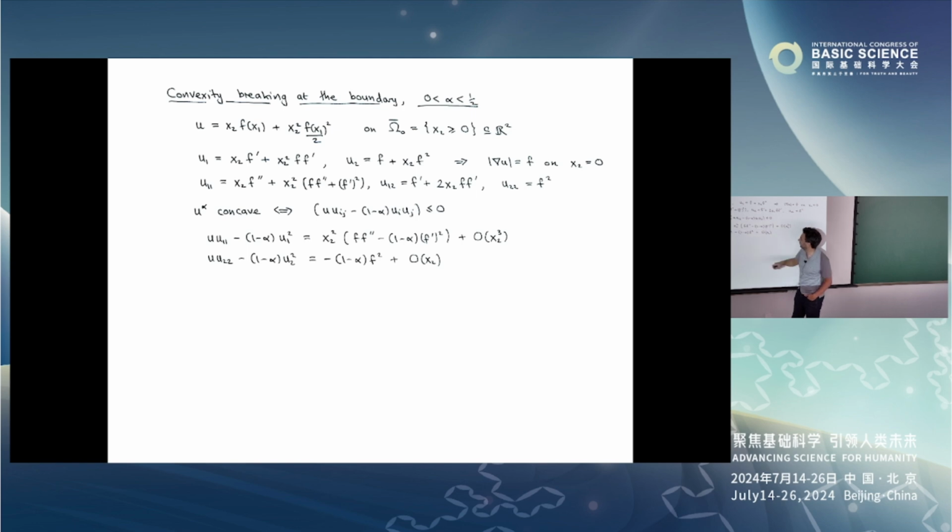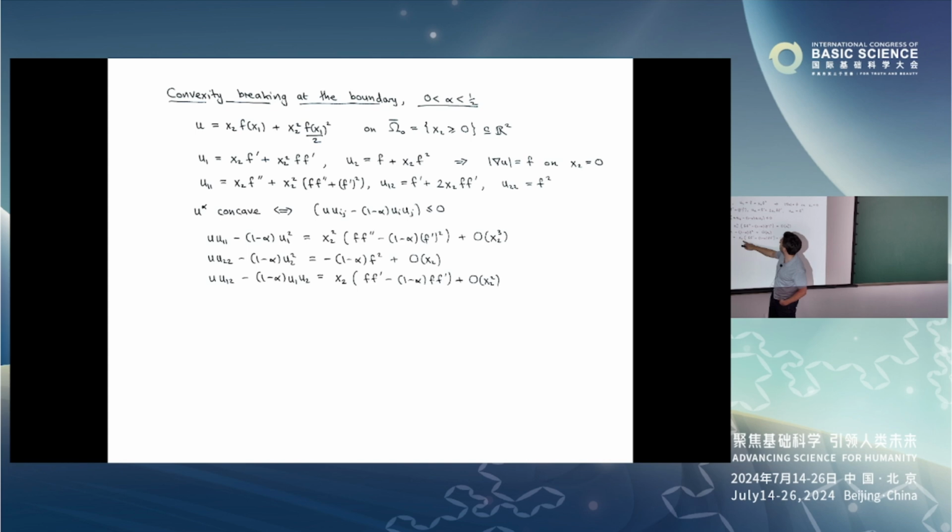So I just get this. And you notice that this is negative. I want this to be negative as well. So for this to be negative, I'm going to need this f prime to be relatively large compared to the f double prime. And f will have to be positive, otherwise u wouldn't be positive.